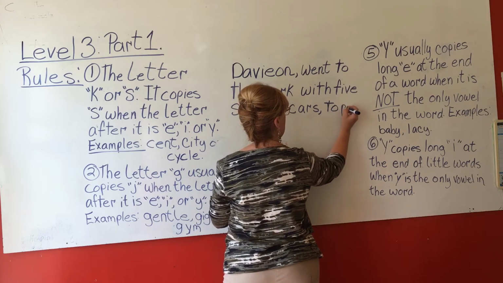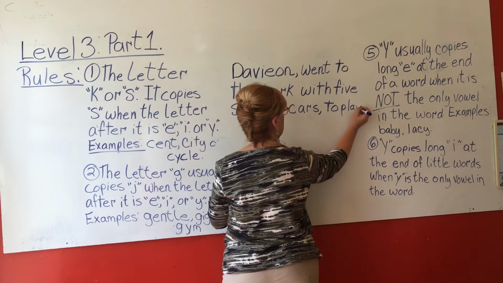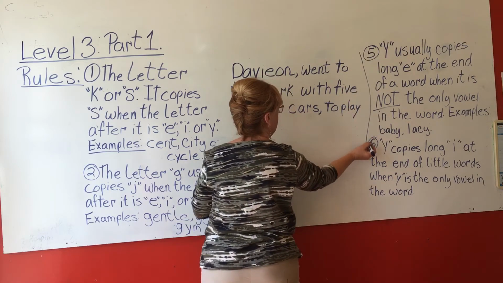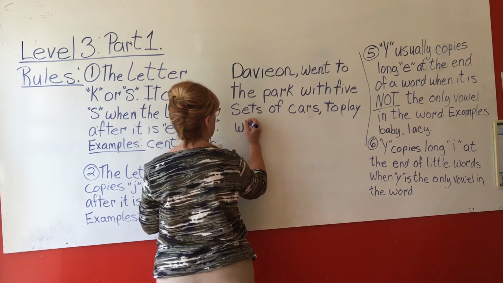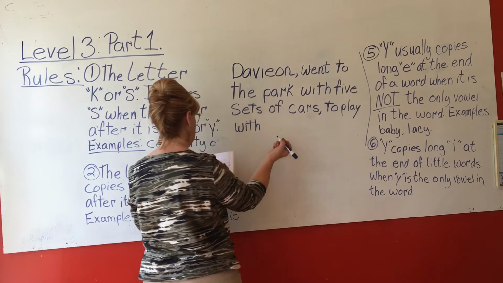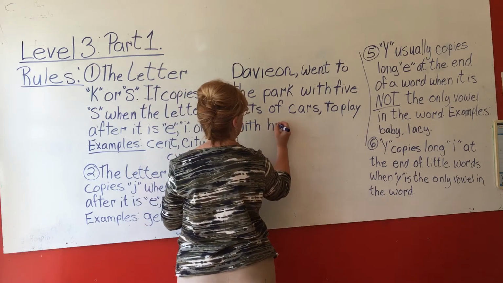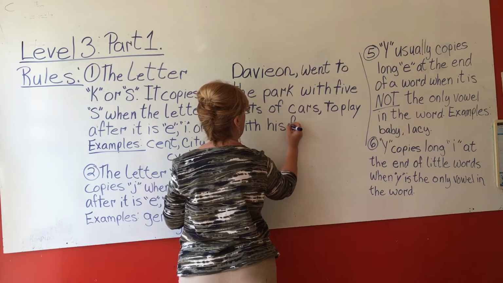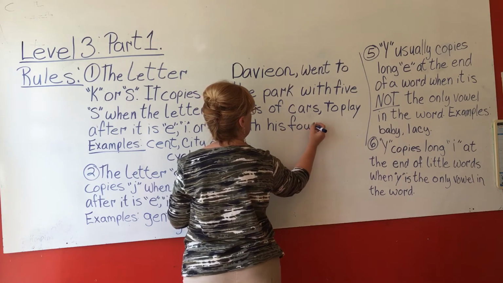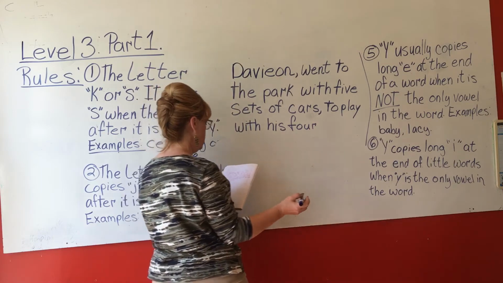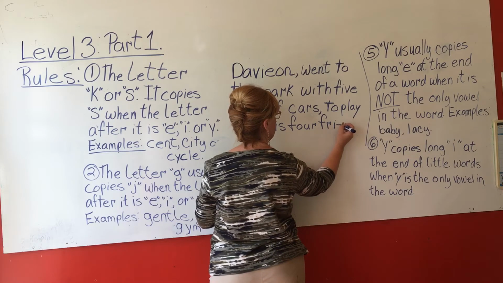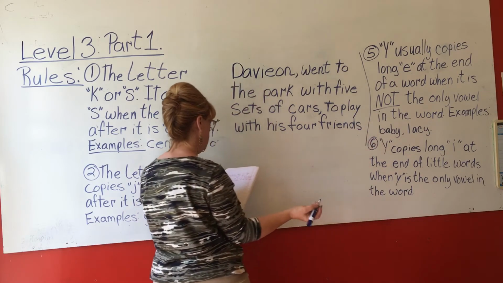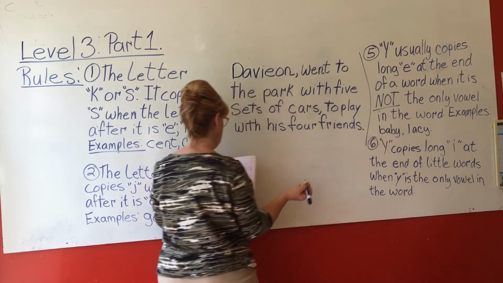To play, put a line here so we don't get confused, play with his, here's a key coming up here, his four, okay, friends. Okay, we'll always end it with a period.